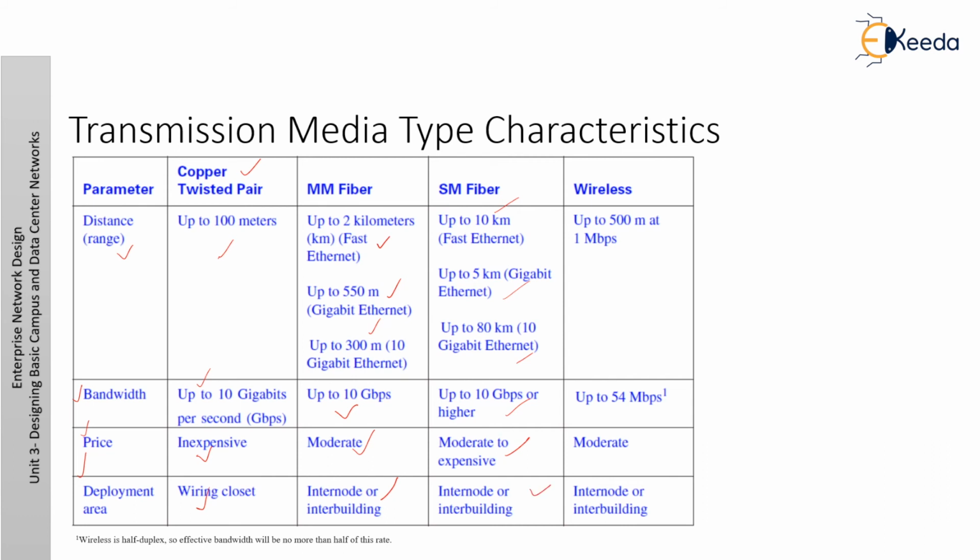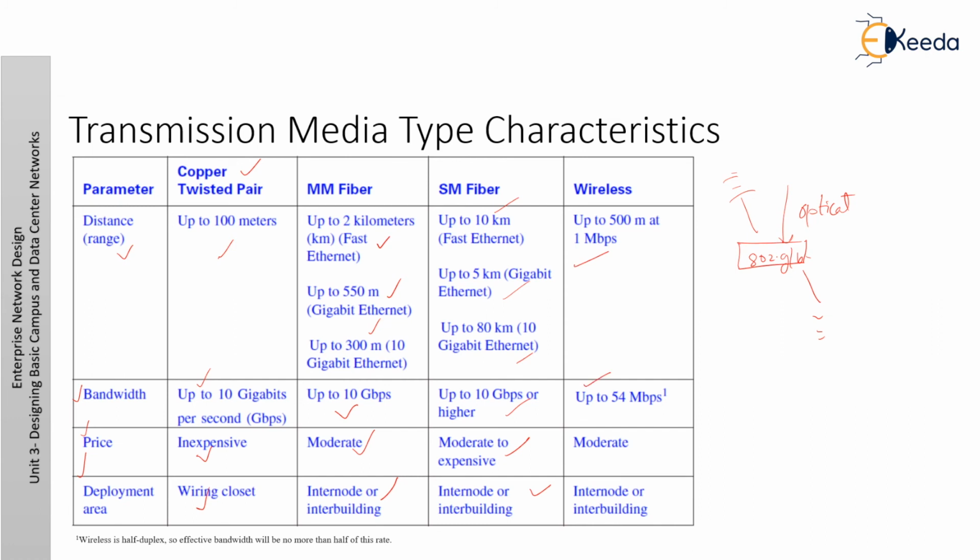Now come to wireless. So in case of wireless, nowadays what happens? We are connecting through optical and it will transmit the signal wirelessly. So this may be 802.11g or b. Up to 500 meters at 1 Mbps, up to 54 Mbps.